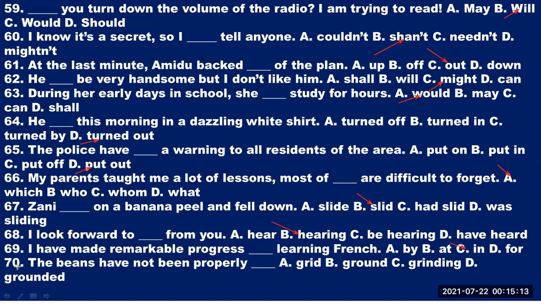Then the last question here, question 70, the beans have not been properly dashed. A, well, this actually is a typo here. Option A is grind. So option A is grind, and it's not correct because we have the meaning here.